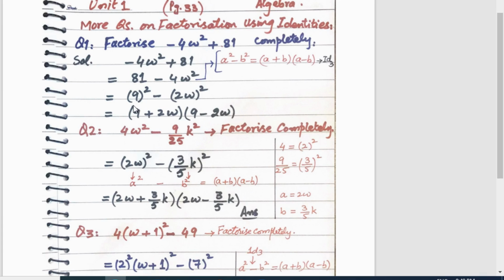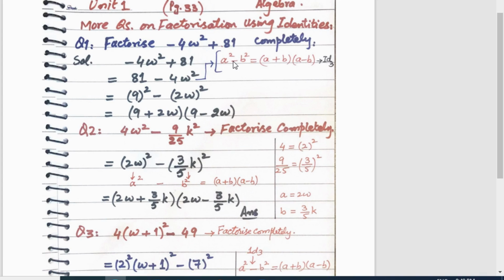Okay. Now this is a difference. Difference means minus sign. A minus sign always shows the difference of two things. So because of this minus sign, this formula a square minus b square equals a plus b times a minus b is the third identity, and the third identity is also called the difference of two squares.